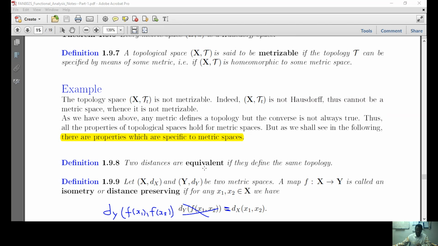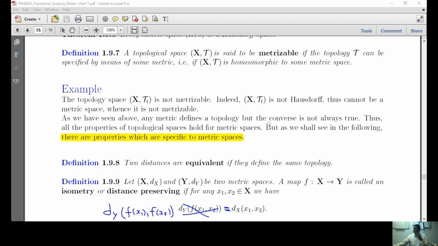Okay. Now, there are properties that are only specific to metric spaces. We can have a topological space that is metrizable, right? As we mentioned here, the converse is not always true.